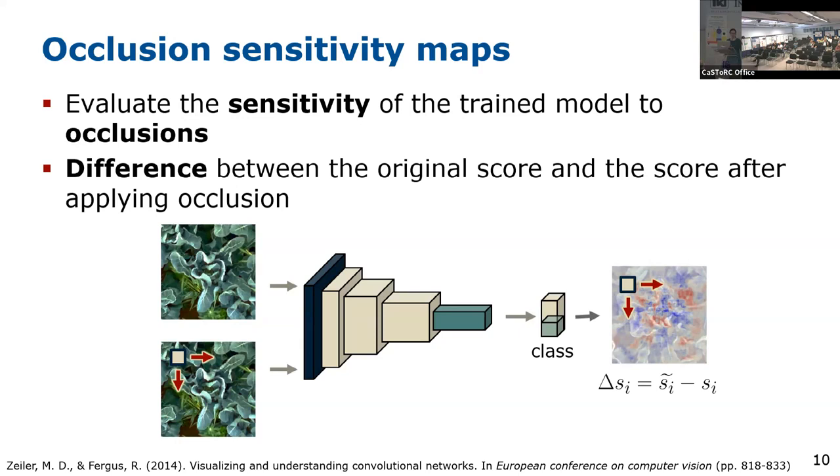This is the sensitivity. If it changes a lot, that part is important for the decision of whether it can be harvested or not. And if you do it in such a sliding window approach for the whole image, you get a saliency map. So a very easy method, very cool. I will come back to it later because we used it also in another setting. But for now, we used it for this.